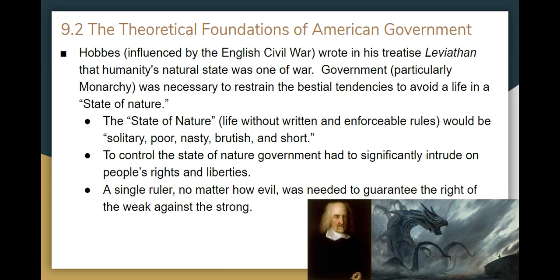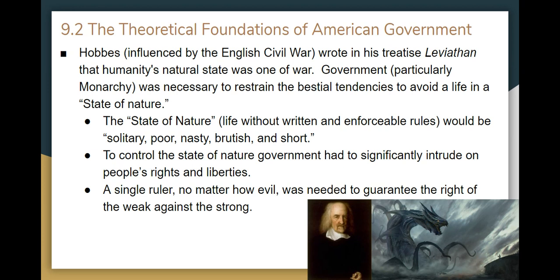He believed that humanity's natural state was one of war, one of chaos, and that government, particularly monarchy, single-leader rule, was necessary to restrain the bestial tendencies, to avoid a life in a state of nature.